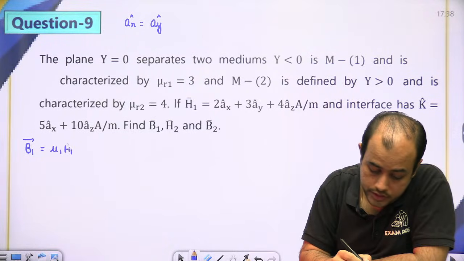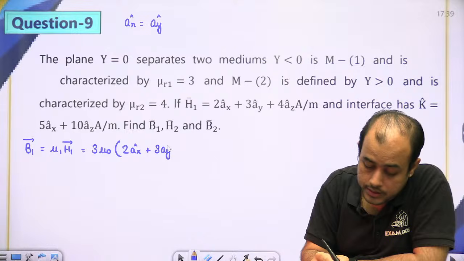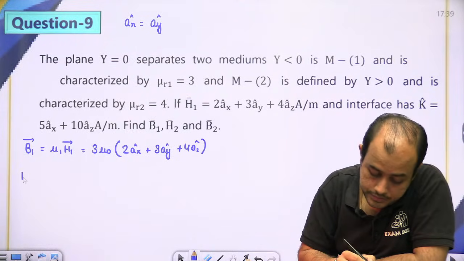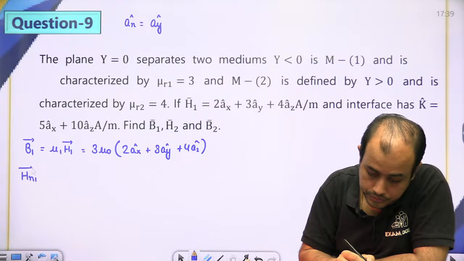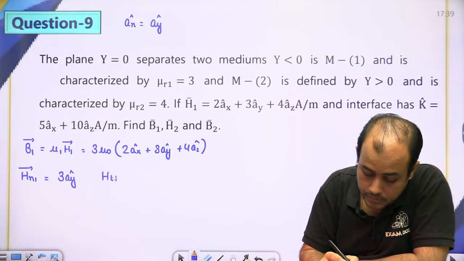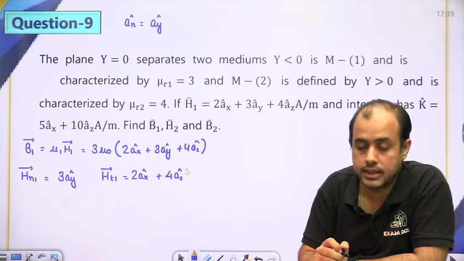So first of all, तो बेटा, B1 is mu1 H1, mu1 is 3 mu naught, 2ax plus 3ay plus 4az. Okay.